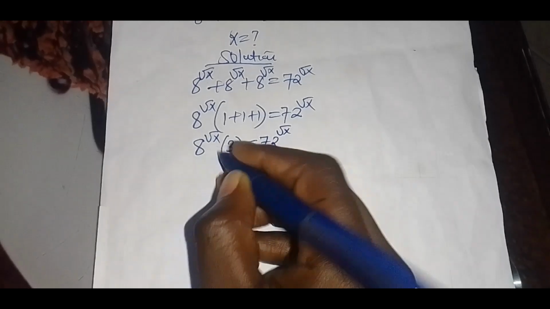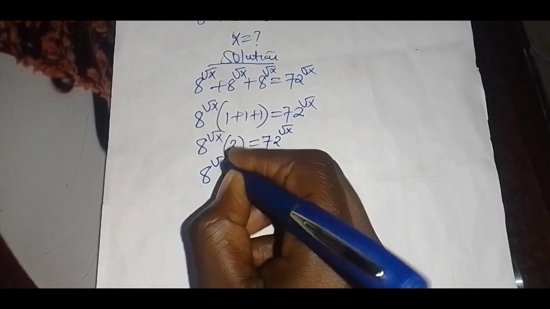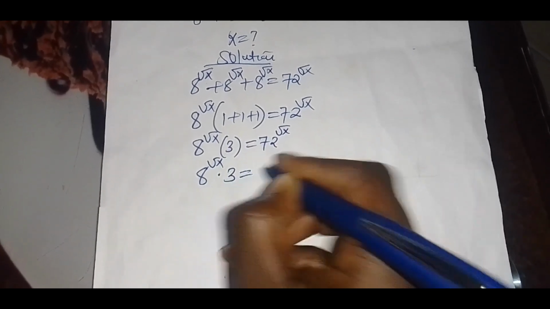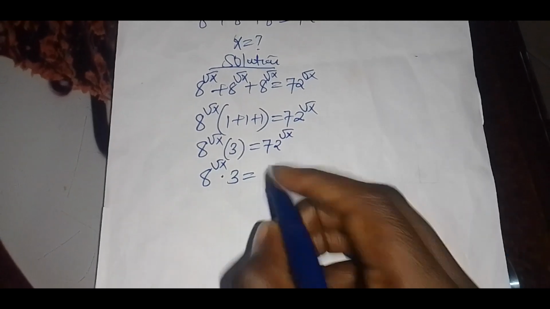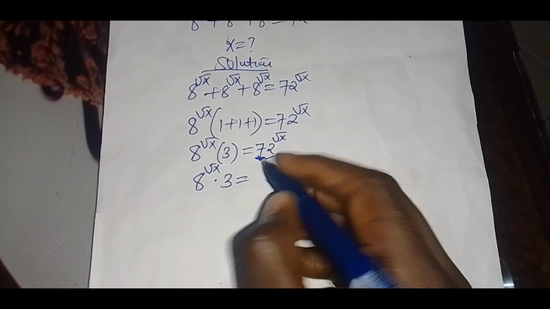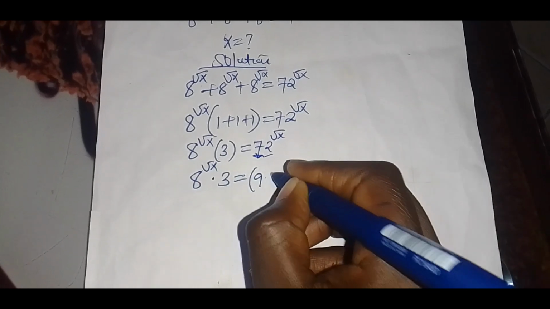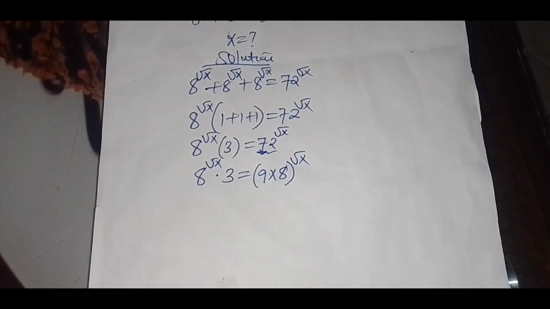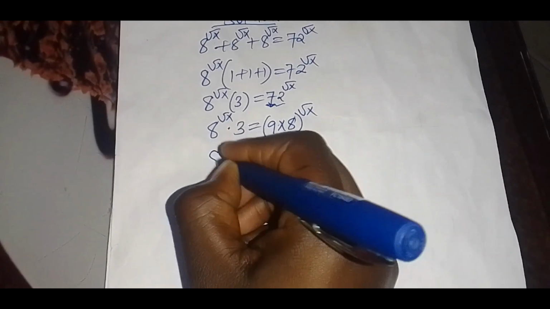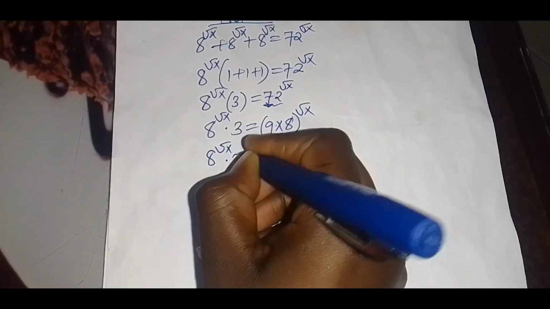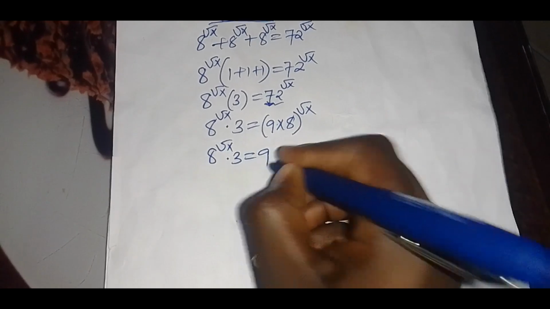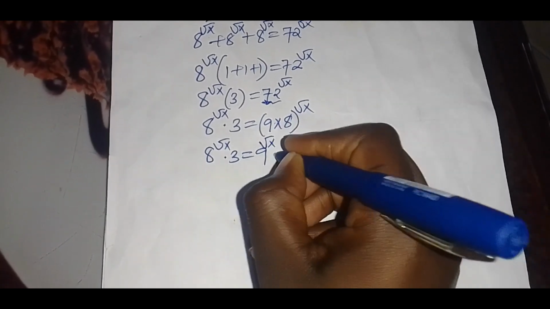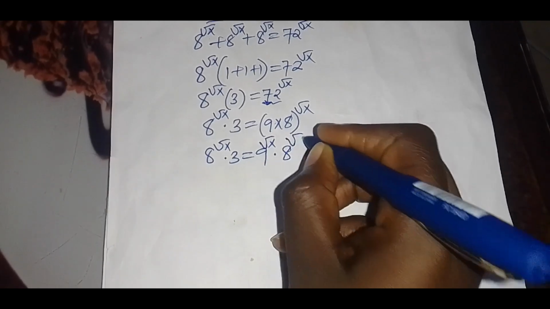Now we have 8 raised to power root x multiplied by 3. We can write 72 as 9 times 8. So we'll have 8 raised to power root x multiplied by 3 equal to 9 raised to power root x multiplied by 8 raised to power root x.